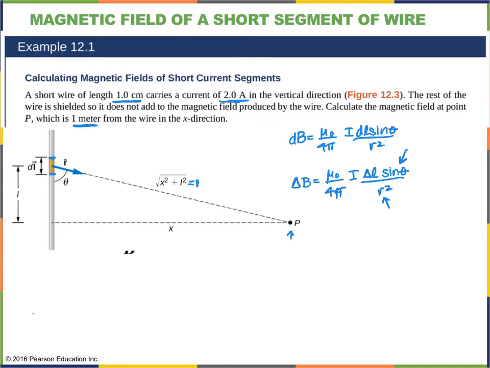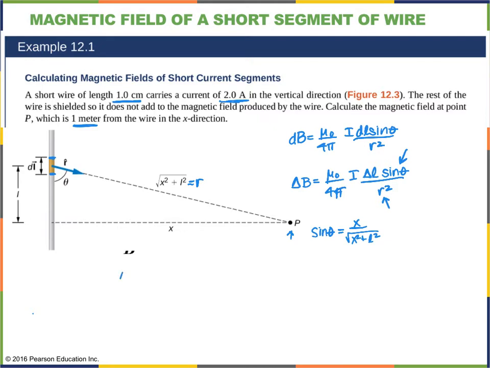The length of this hypotenuse is really our r value, and then the sine of theta would be the opposite over that hypotenuse, so that would be x over the square root of x squared plus L squared, where that little l is the 1 centimeter.